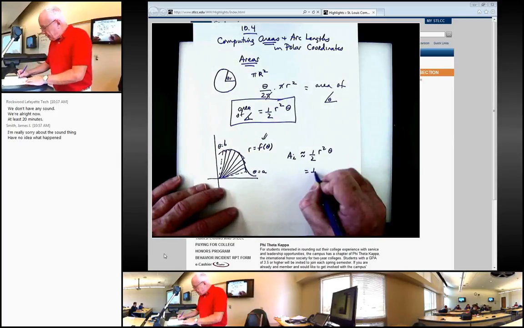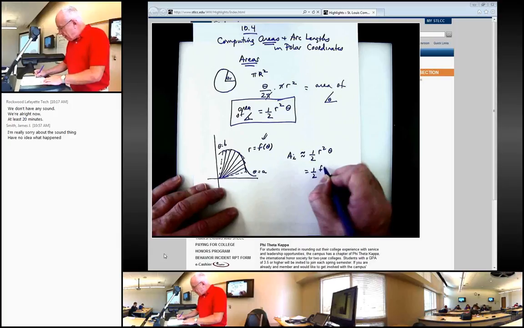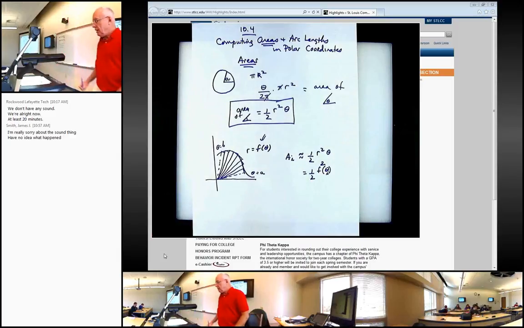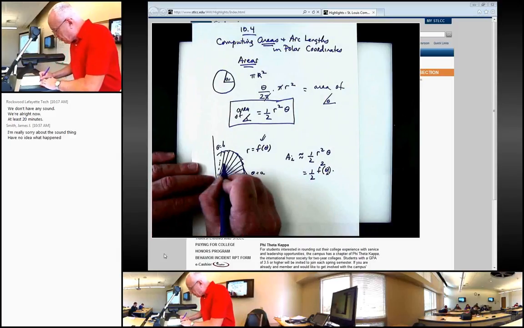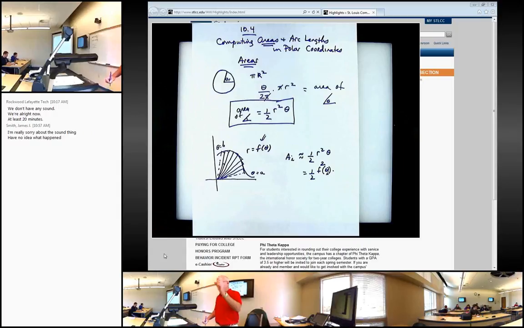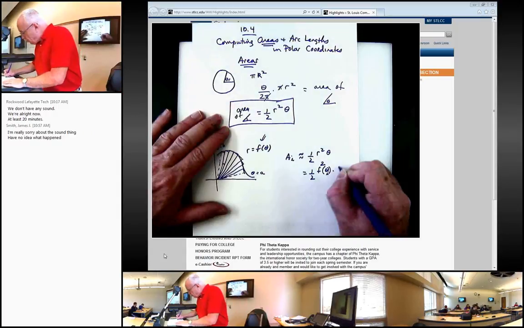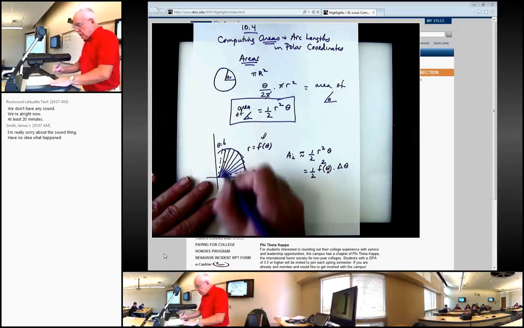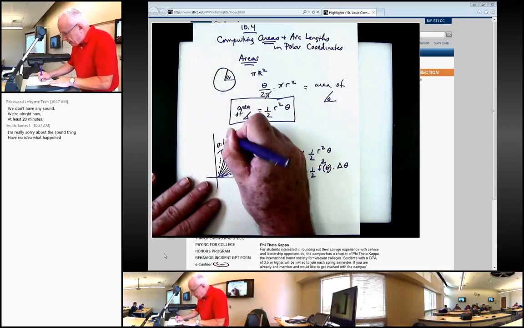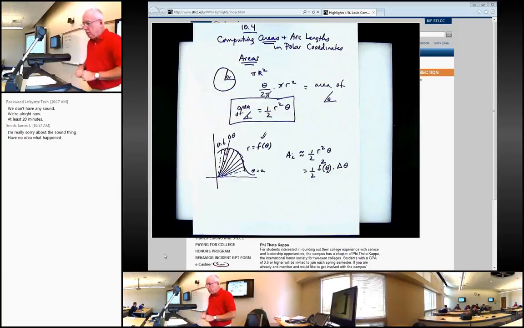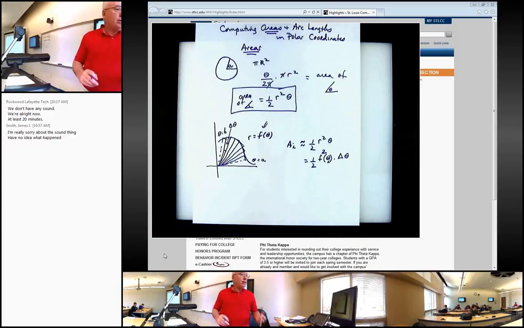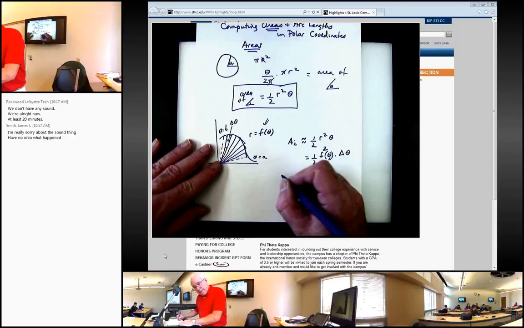It's an angle of theta, so this is 1/2 f of theta sub i squared. And then the theta here is really the change in theta from one to another. The angle here we're going to call delta theta. So that's the change right here, delta theta. That's our angle right there. And then basically that's the approximate area of one of them. So let's sum these up then.